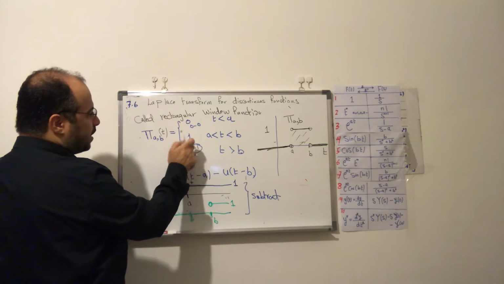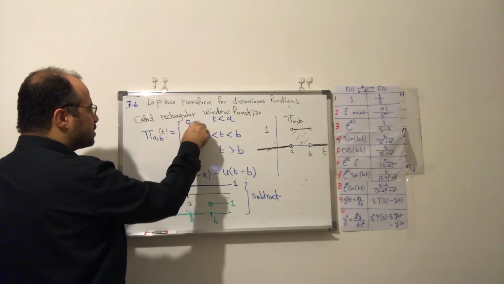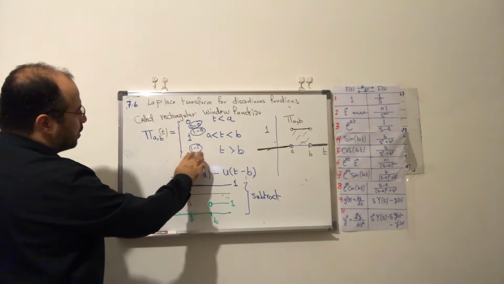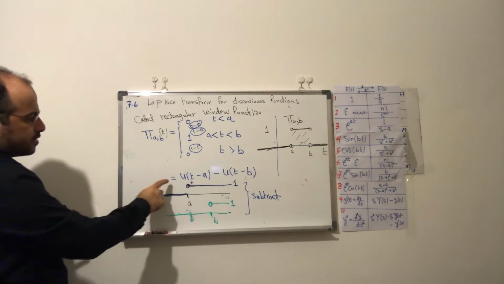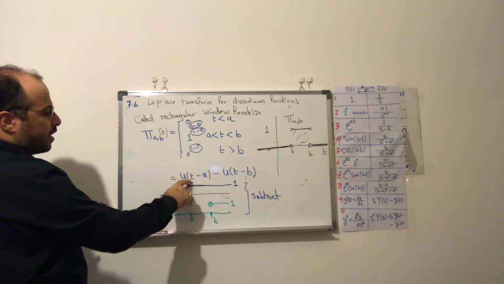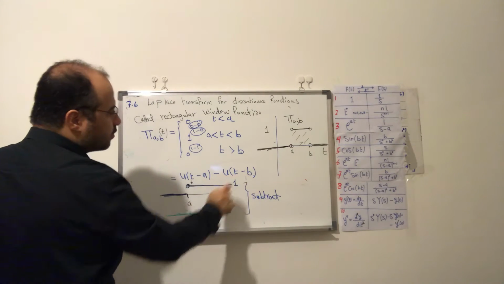And when you have here, you are 1 minus 0, yeah? So 1 minus 0, 0 minus 0, and 1 minus 1. For this reason, we look at this as a transition for the Heaviside with A units and a transition for the Heaviside with B units.